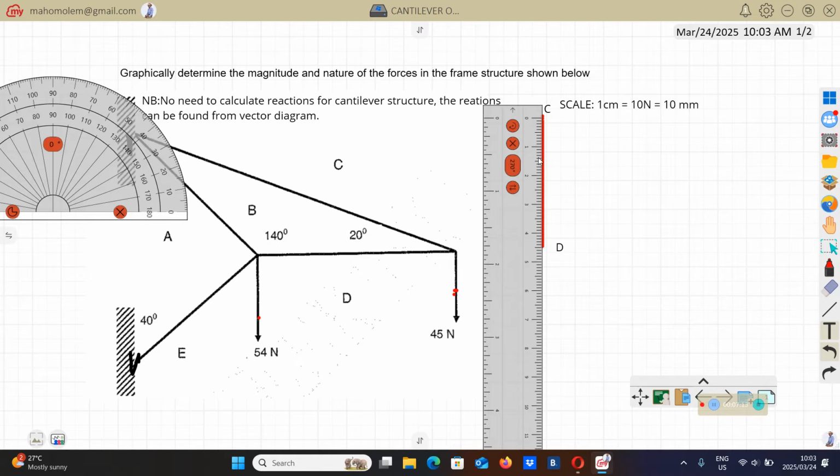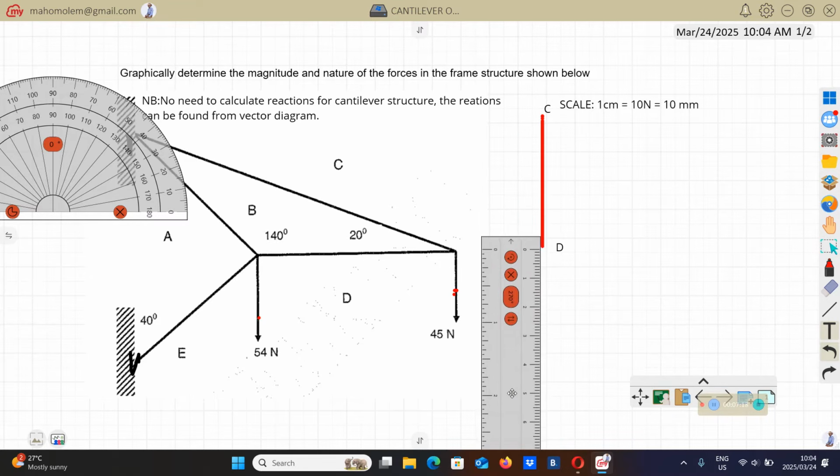Let me move this ruler. Let's start here. Then from there you draw a line going down for a length of 5.4. So you start from here, you'll end here. So you draw a line starting from here to there, 5.4.